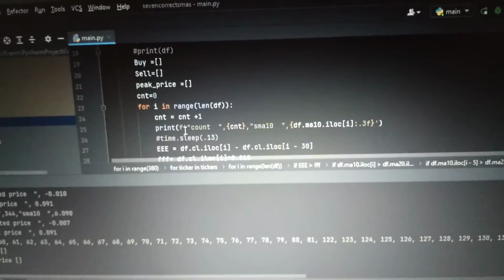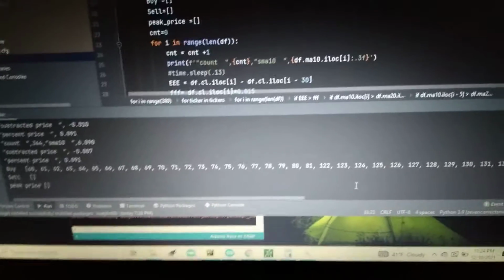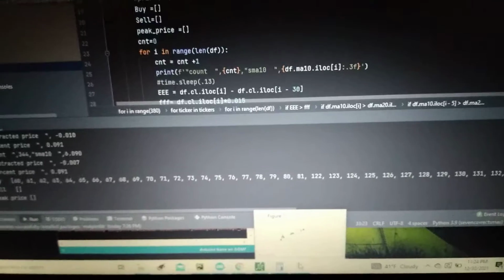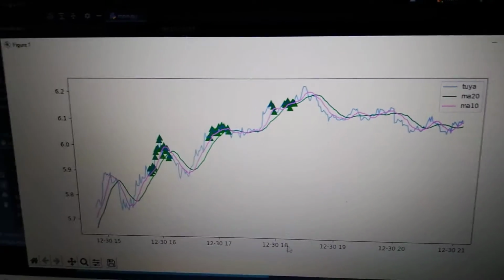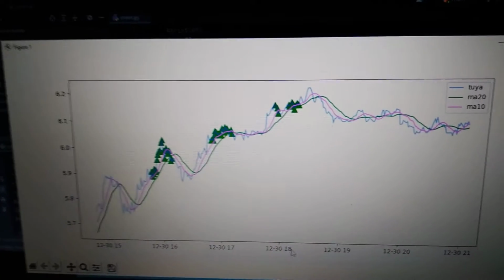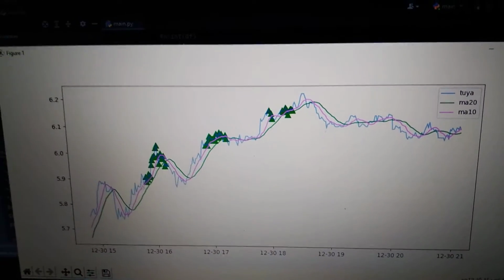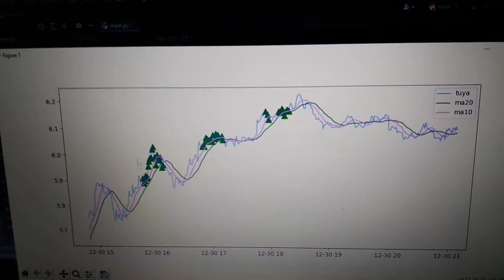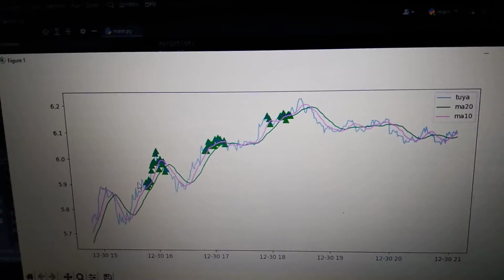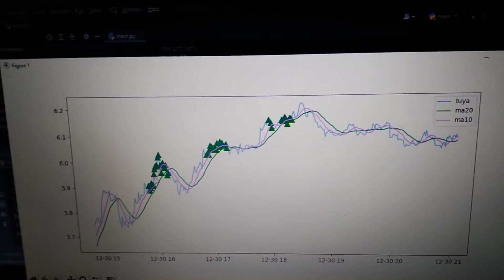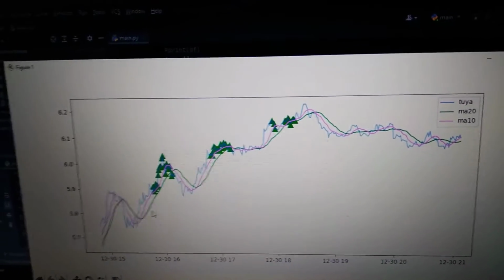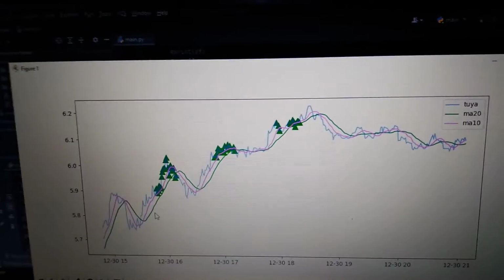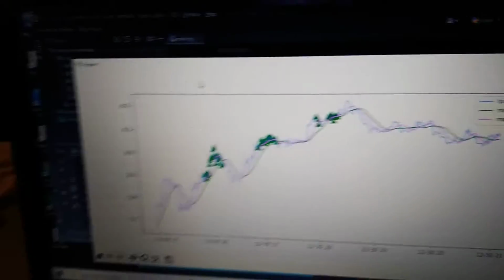And let me get the Matplotlib up here. So it's an indication that this is the percentage of the price rising faster than the 3.5% that I named in here.